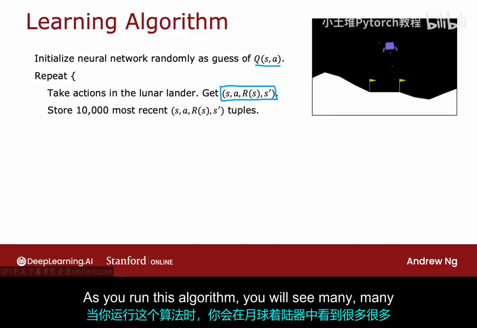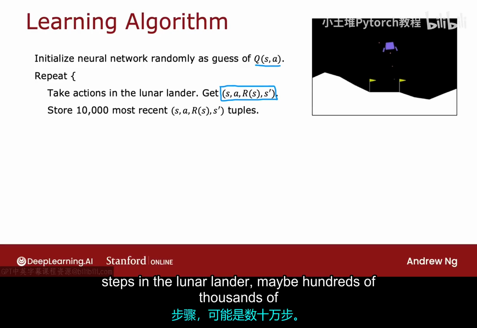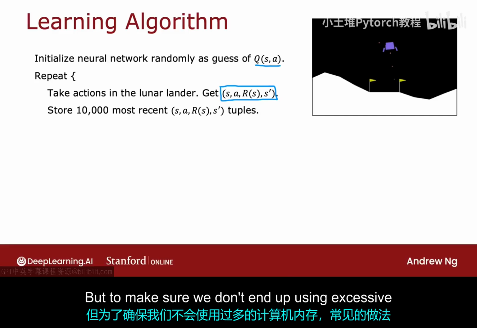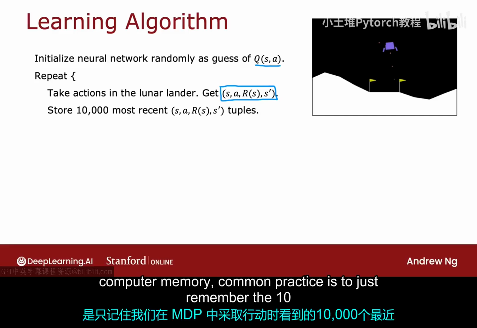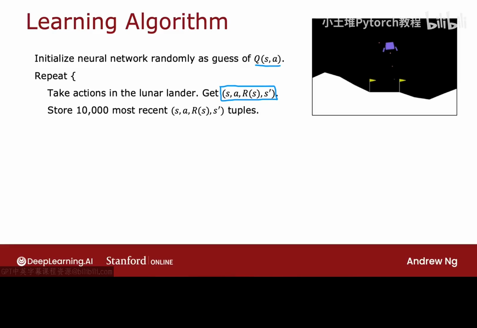As you run this algorithm, you will see many, many steps in the lunar lander, maybe hundreds of thousands of steps. But to make sure we don't end up using excessive computer memory, common practice is to just remember the 10,000 most recent such tuples that we saw taking actions in the MDP.